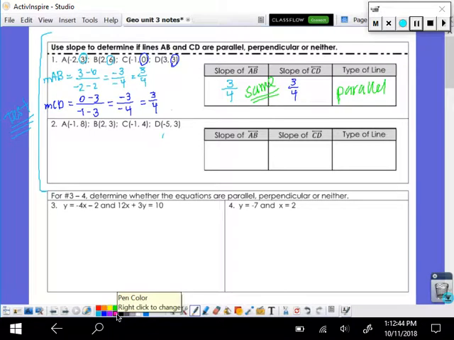Okay, same thing for number 2. Go ahead, maybe pause this video, or you can keep playing it. I'm not going to talk. I'm just going to work out the problem and then check your answers, see if you get the same thing for our 2 slopes.